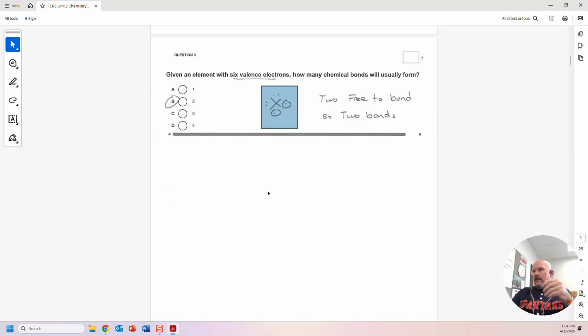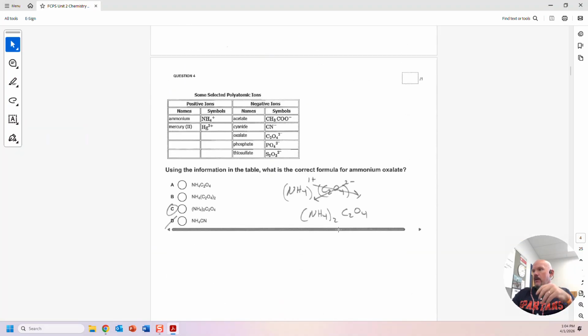But again, let's see if I have any notes for that, right? Do the crisscross, right? Ammonium, NH4, 1 plus, oxalate, C2O4, 2 minus. Maybe put those formulas in parentheses before you do your swap and drop, right? But remember, if a 1 is going outside the parentheses, you don't need the parentheses anymore. So that's why you don't see the parentheses over here in the answer choice, right? All right.